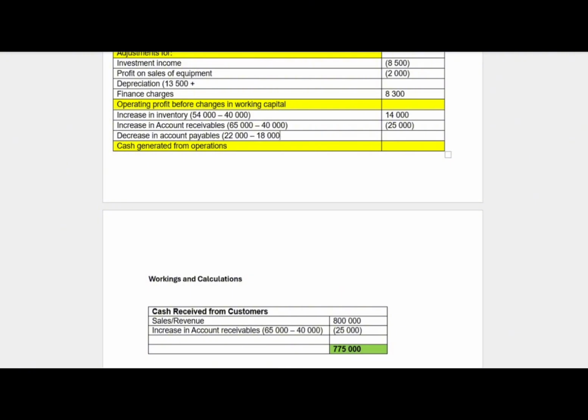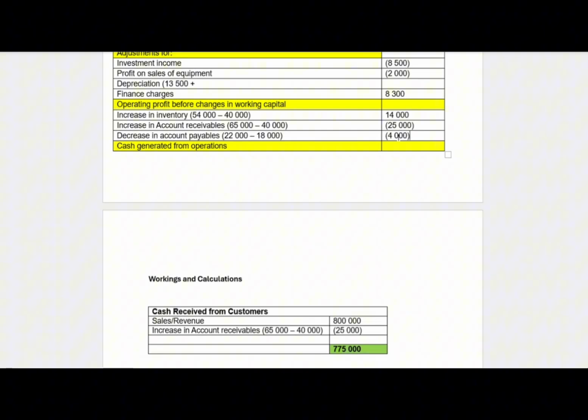There's a decrease, right? We put brackets right there. And then the decrease, when I calculate here, 22,000 minus 18,000, I am getting 4,000 outflow, because it means you've paid your creditors. I'm getting 4,000 outflow in brackets, right?